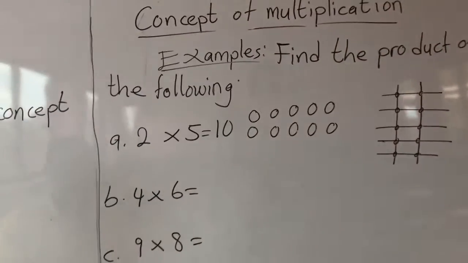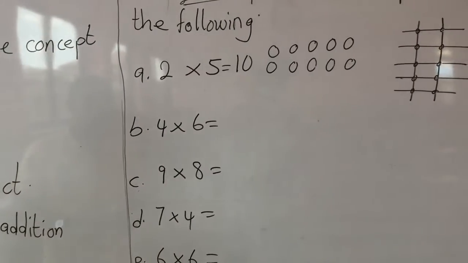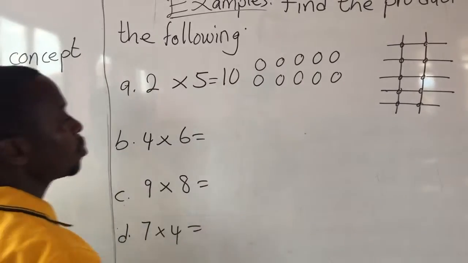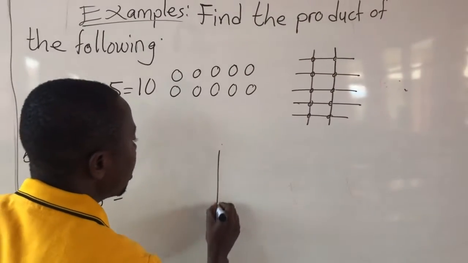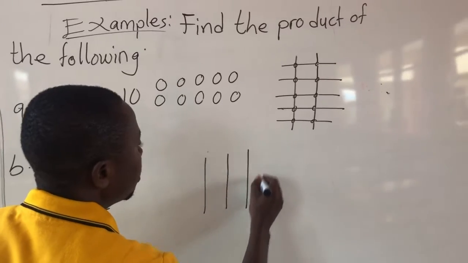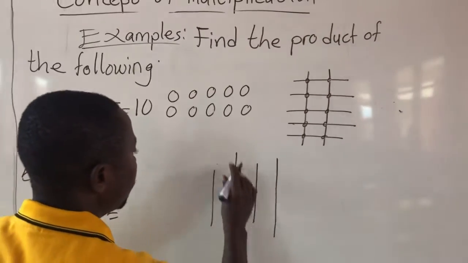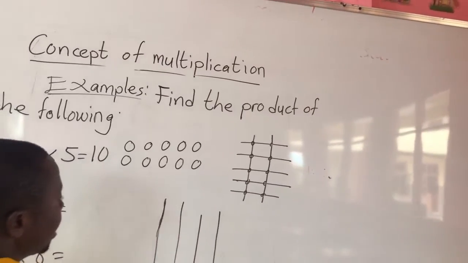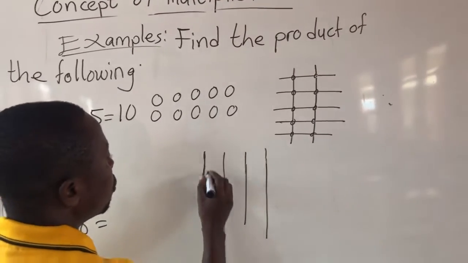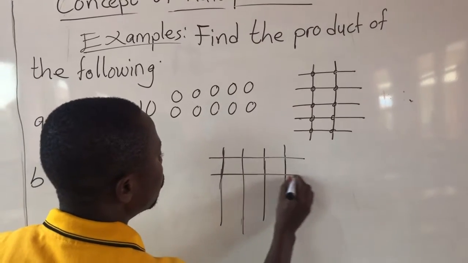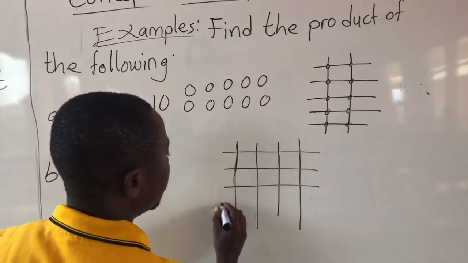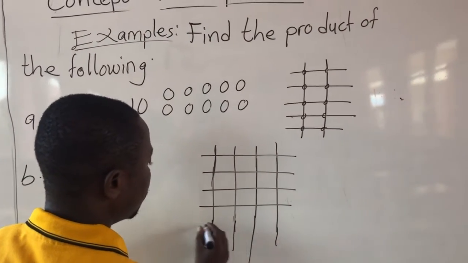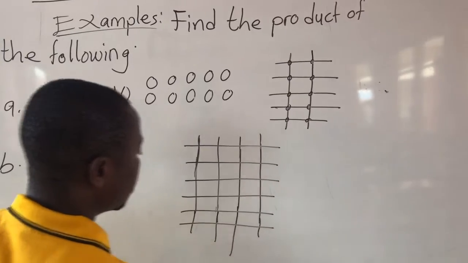Okay, good. Let's move on to the next example, which is 4 times 6. So let's use the rule. We have 1, 2, 3, 4, and we are multiplying it by 6, so we have 1, 2, 3, 4, 5, 6.